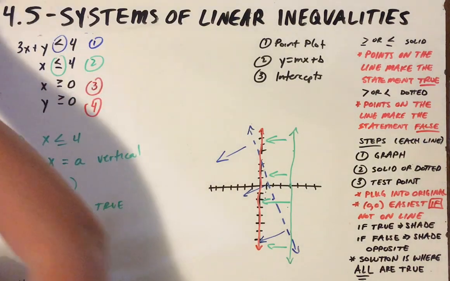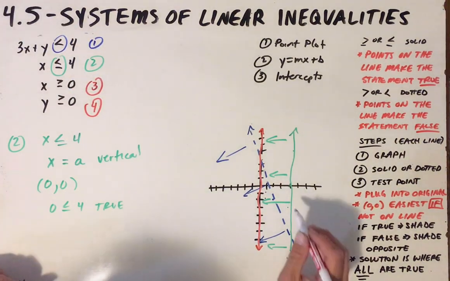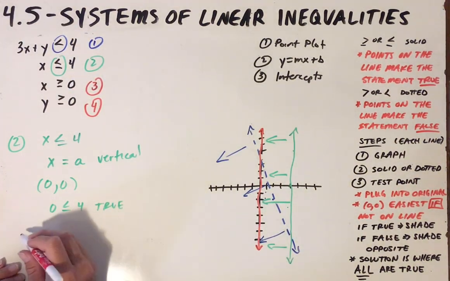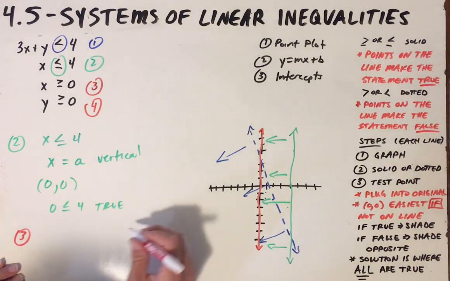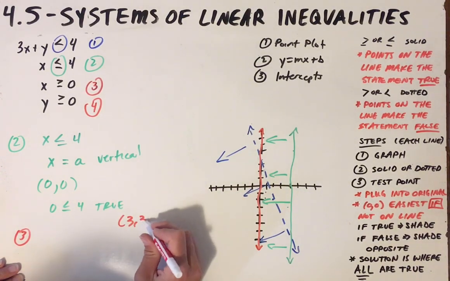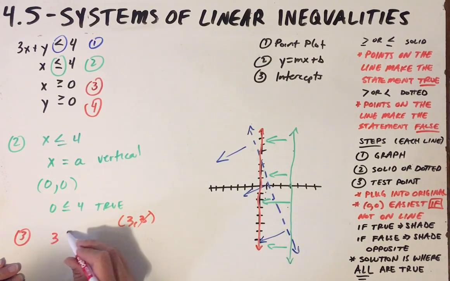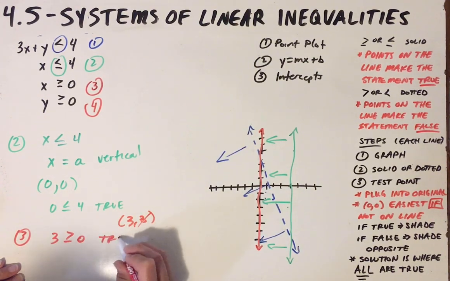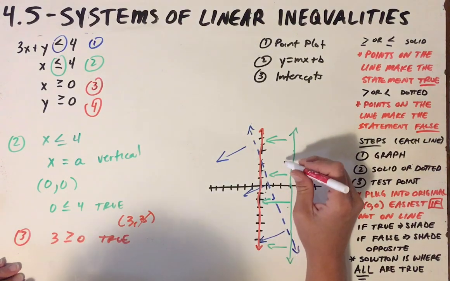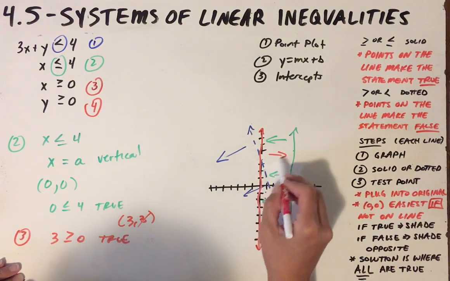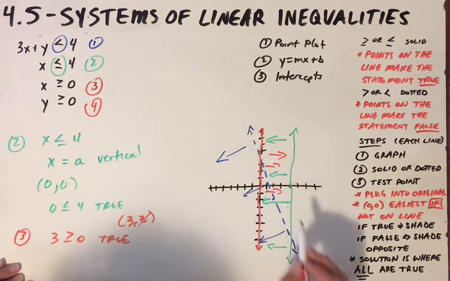But first, let's figure out where x is greater than 0. If I plug in the point (3, 3), well, there is no y, so I can't plug that in, but 3 is greater than or equal to 0. That's true. The point (3, 3) is over here, so for the red, I'm shading everything on this side.